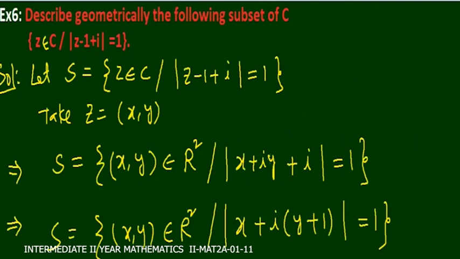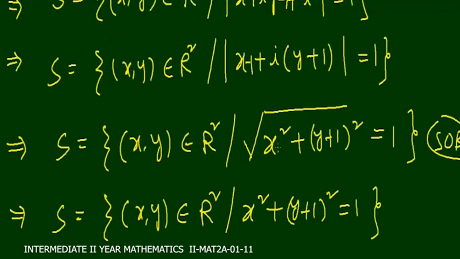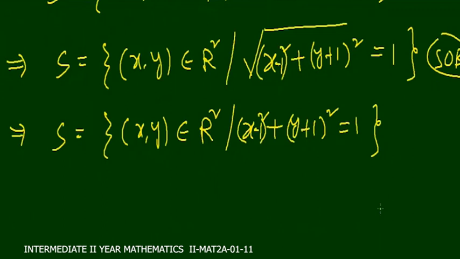So now let us write minus 1 here, and here also minus 1, x minus 1 whole square. It is nothing but the equation of a circle with center 1, minus 1.